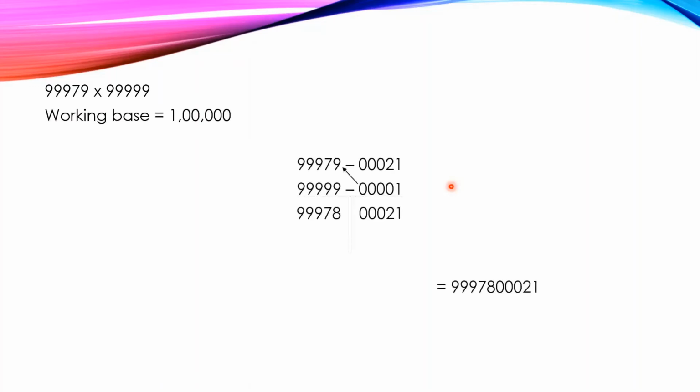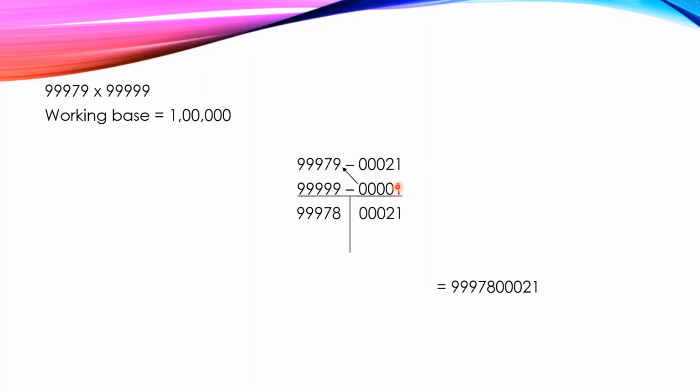Multiply 99,979 by 99,999. Yes, the correct answer is 99978000021. Let's see how. Here our working base is 1 lakh. So 99,979 is 21 less than 1 lakh, and 99,999 is 1 less than 1 lakh.